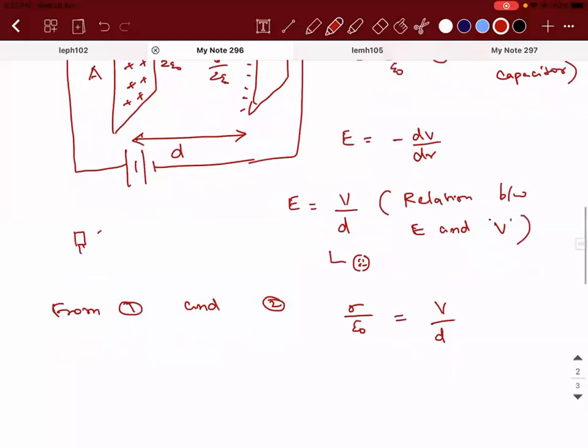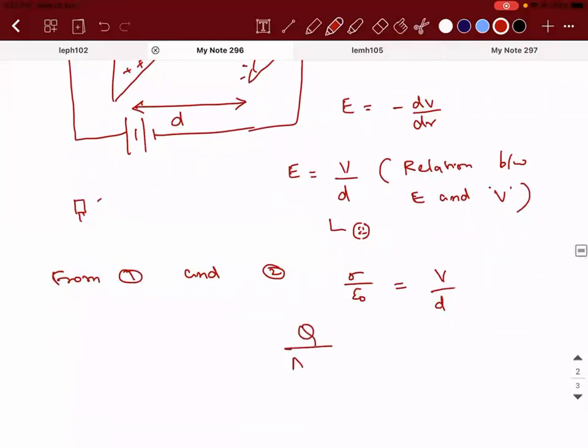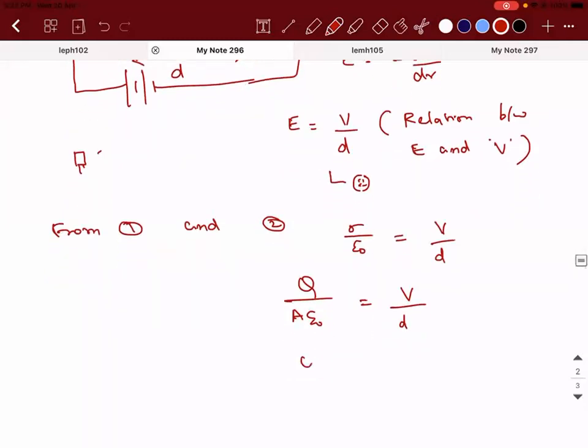Q by A. So Q divided by A into epsilon naught, can I write it as V divided by D? Sanjeevan, are you able to understand? Yeah. So if I rearrange this equation, then I'll get Q by V is equal to epsilon naught into A divided by D. Accepted?